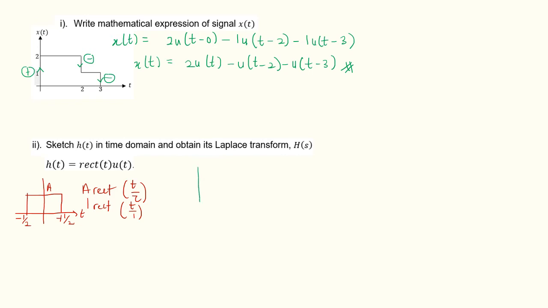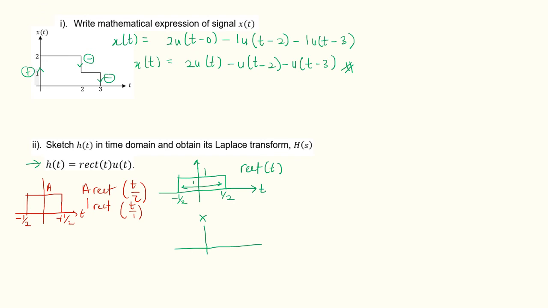So this is your rect t. The magnitude is 1, and the width is 1, from negative half to positive half. But ht is equal to rect t ut, meaning this rect t is multiplied with ut.